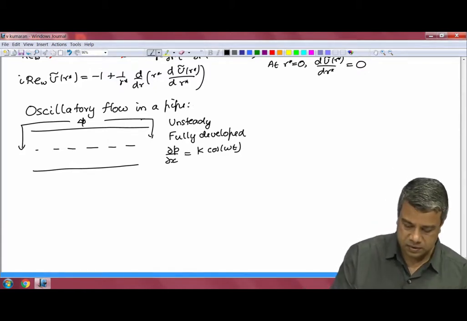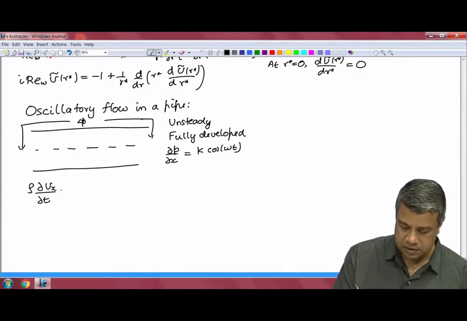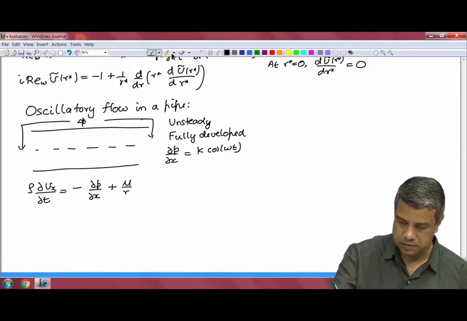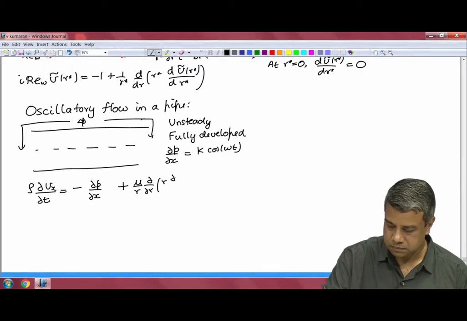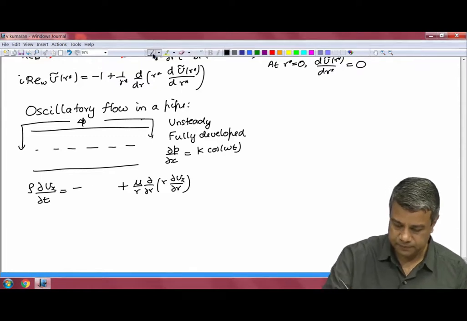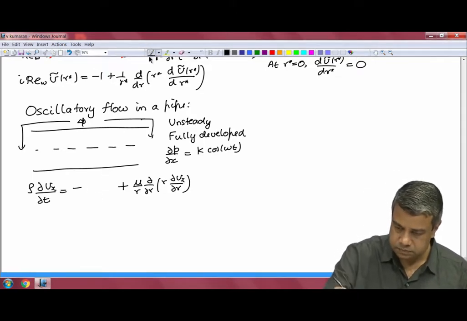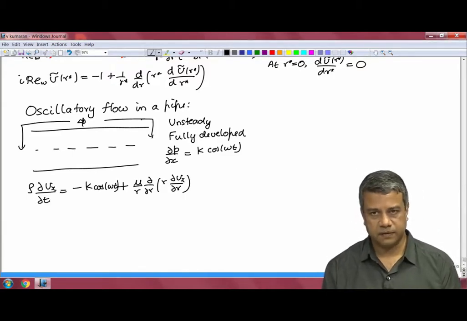And if you recall, the momentum balance equation was rho partial v x by partial t is equal to minus partial p by partial x plus mu by r, where this pressure gradient was of an oscillatory form, a cos function.